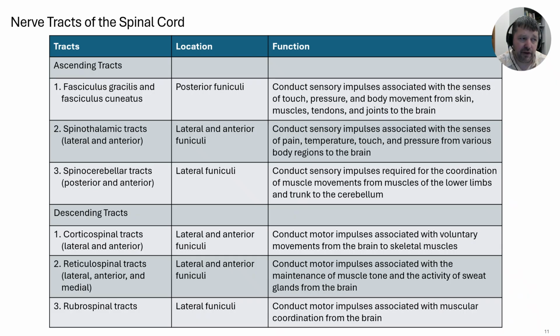Okay, those major ascending tracks. The posterior funiculi is going to control body movement from skin, muscle, tendons, and joints. So this is related to touch. The spinothalamic, again, I said this is related to pain. So this is changes in temperature, pressure, touch, but the result of discomfort.